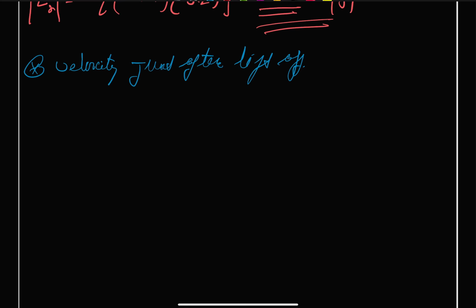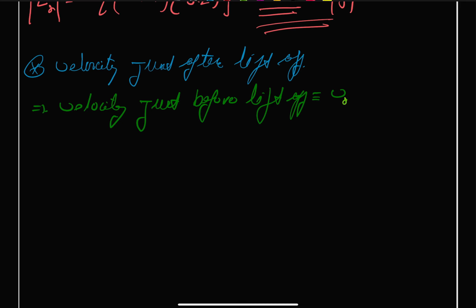And one thing for sure, we know that velocity just before liftoff is Vx, and that is 2, 0 meters per second, and it is along the horizontal direction, that is x direction. Okay.